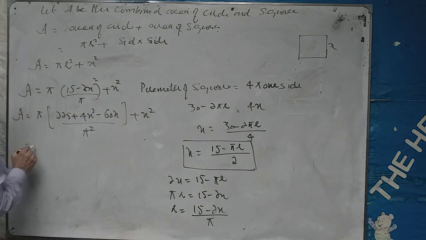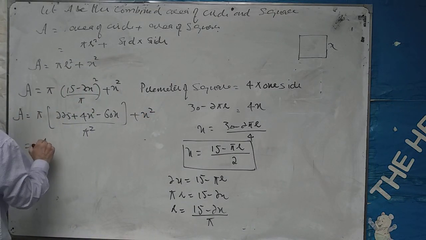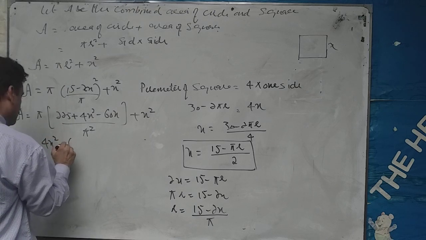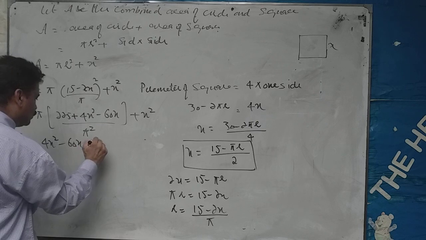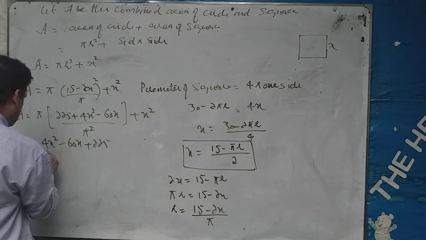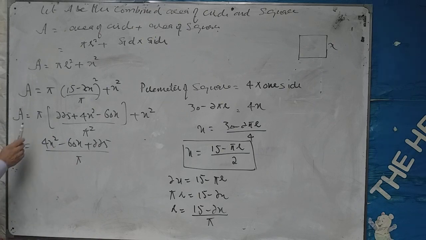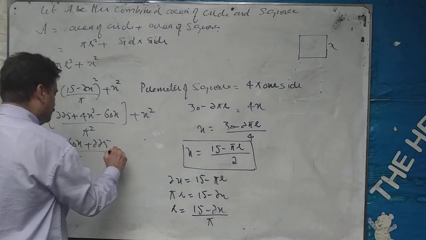After simplifying, we get 4x square minus 60x plus 225 by pi, because one pi is cancelled from here, plus x square.